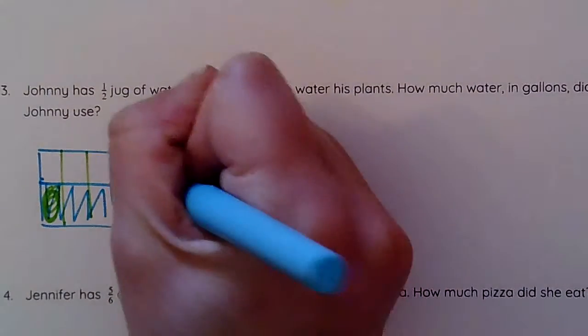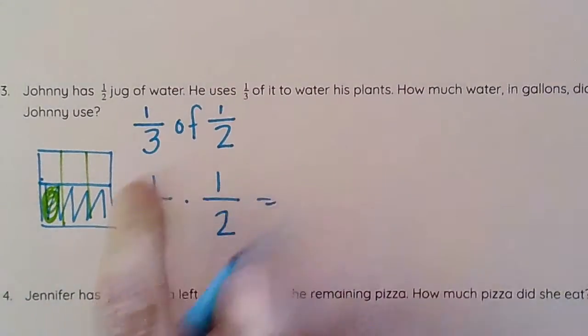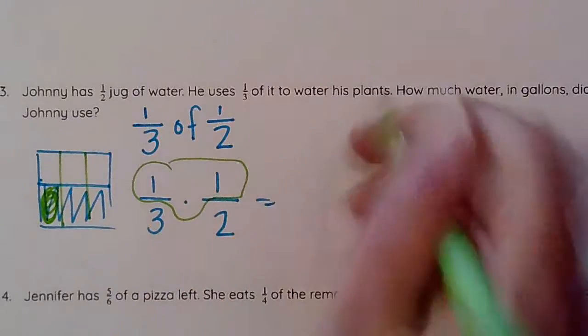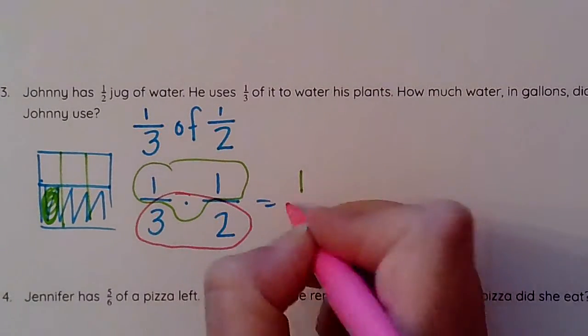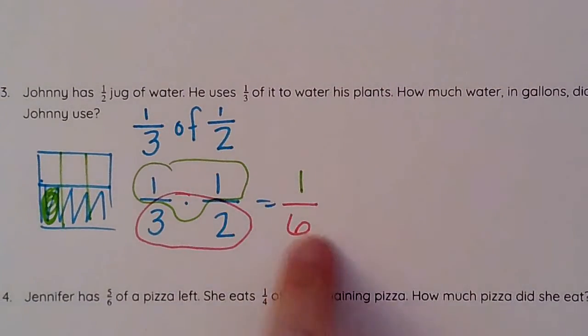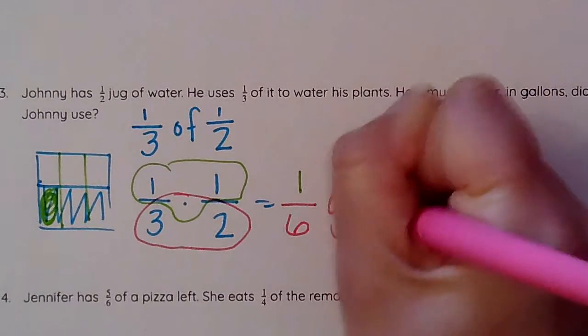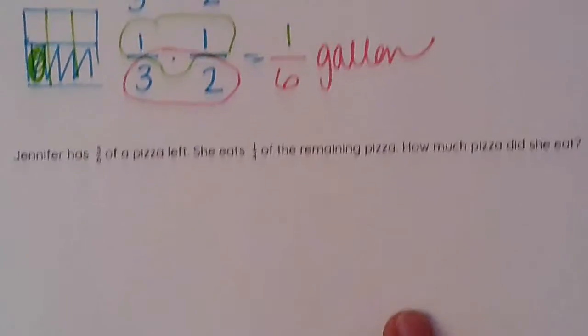So I would go ahead and write this as a multiplication problem. 1 times 1 we know is 1. 3 times 2 is 6. And therefore, to water my plants, I use 1/6 gallon of water.